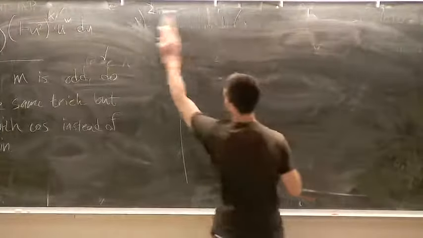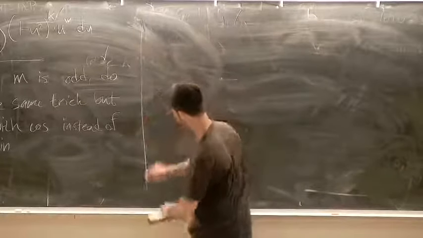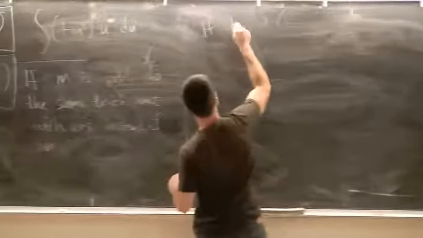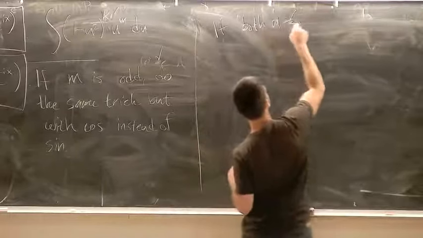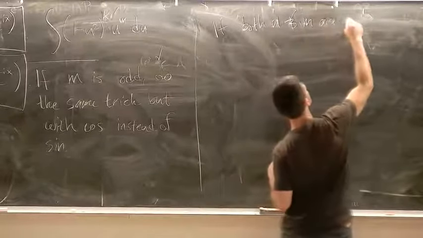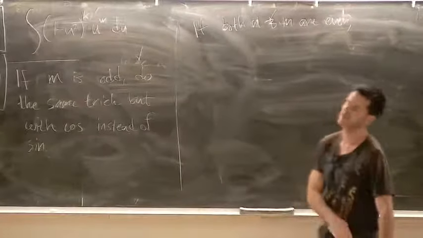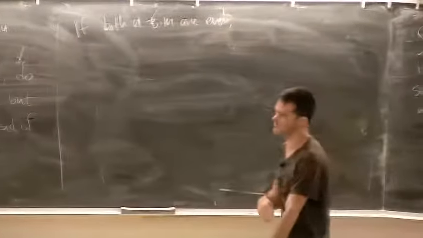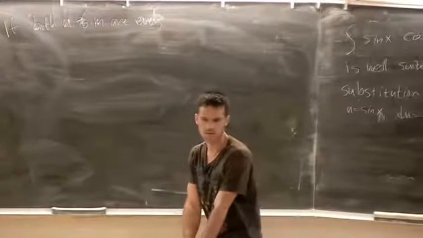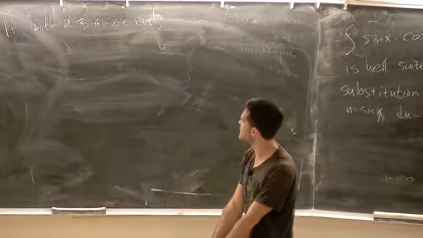So that only leaves one other possibility, and that's if both n and m are even. And that's kind of the most annoying possibility. Yeah, then you just got to repeatedly use those double angle formulas. So that case is kind of a pain.